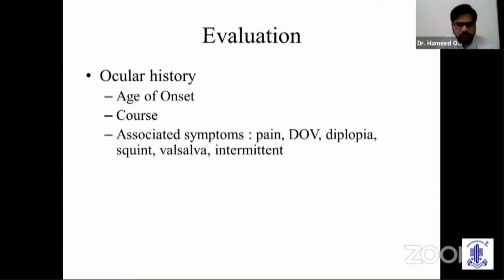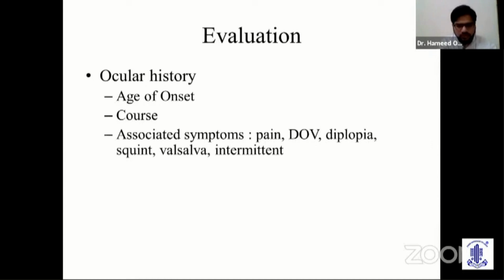Whereas coming to the course, whether the proptosis is rapidly progressive or slowly progressive: if you see a history with a rapidly progressing proptosis, you need to think in terms of infectious inflammatory pathology or a malignant tumor, or even in case of a pre-existing lymphatic malformation, you can have a chocolate cyst presenting acutely.